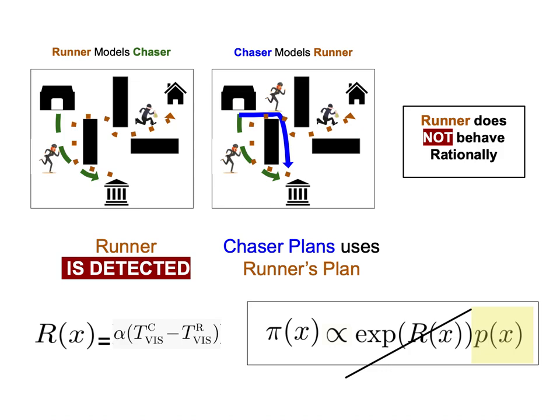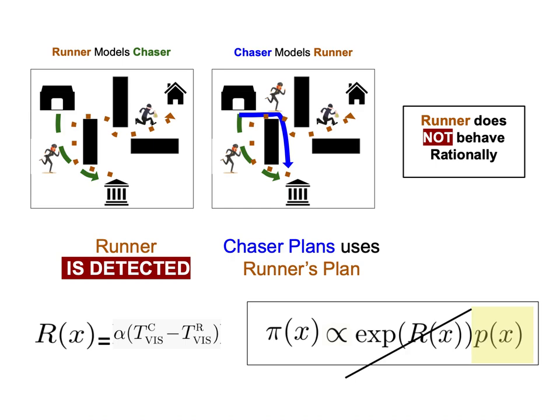But something interesting happens when we introduce the case where the runner happens to choose a path that results in a high detection count, as shown on the left. The runner knows that he is going to be seen by the chaser a high number of times. So when the chaser uses that model, the chaser thinks it does a great job, where she easily detects the runner.